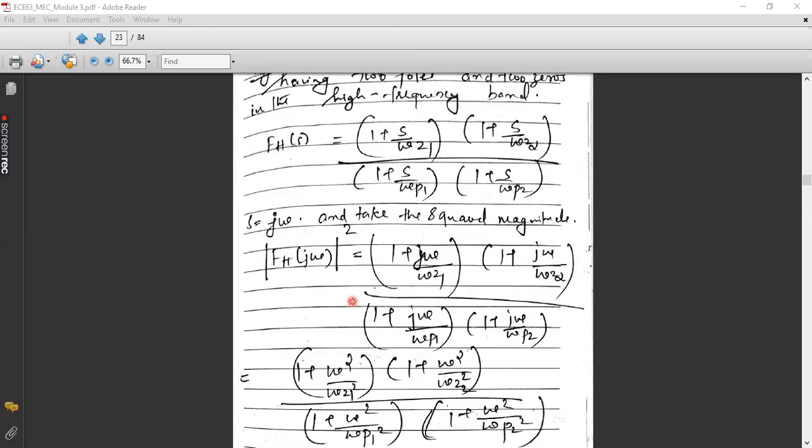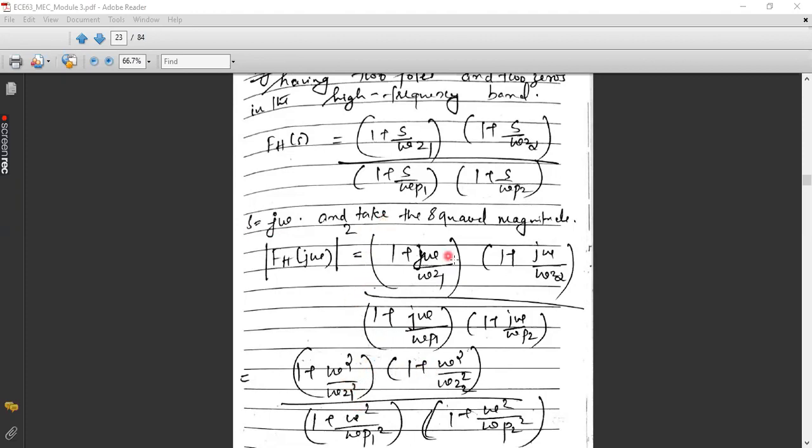So your factors will be like this: 1 plus omega square by omega z1 square, into 1 plus omega square by omega z2 square. It is the imaginary part square, isn't it? Real is 1 only, so 1 square is 1. Imaginary part is omega by omega z1, so the square of the imaginary part is omega square by omega z1 square. I hope you are getting my point.